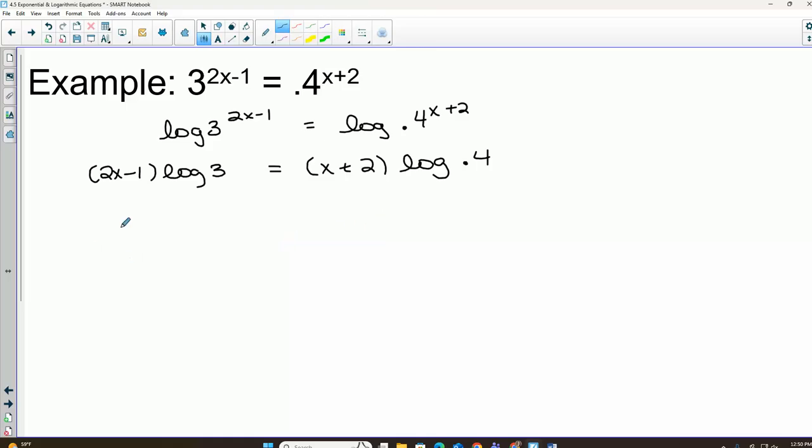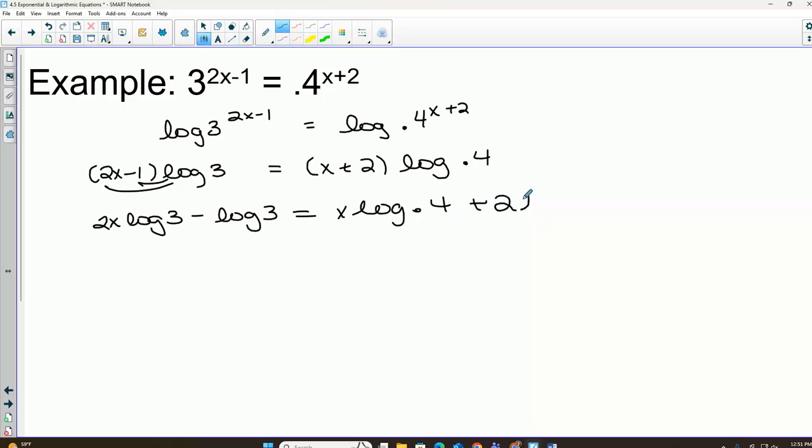Then what do we do? So we do 2x log 3 minus log 3 equals x log 0.4 plus 2 log 0.4.